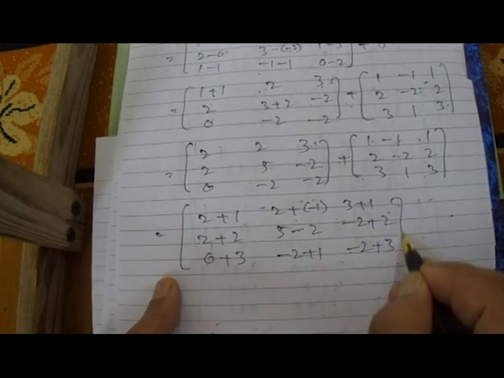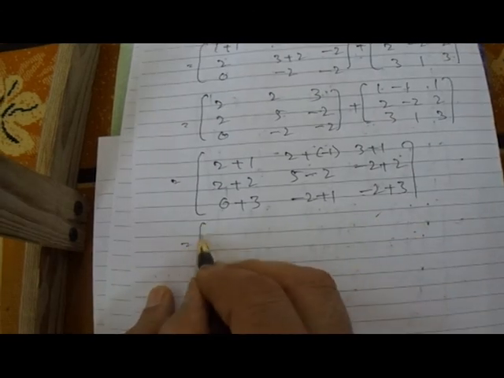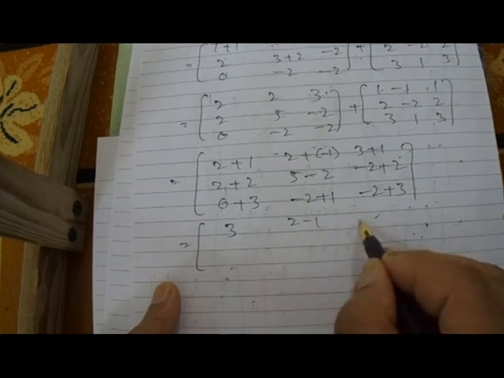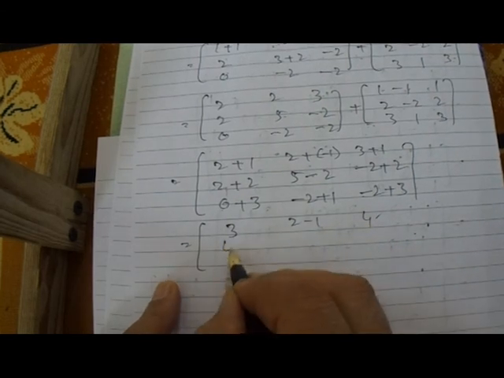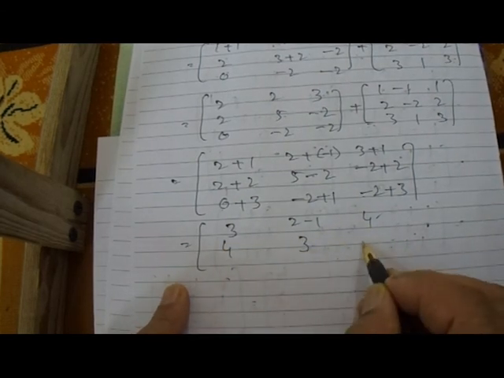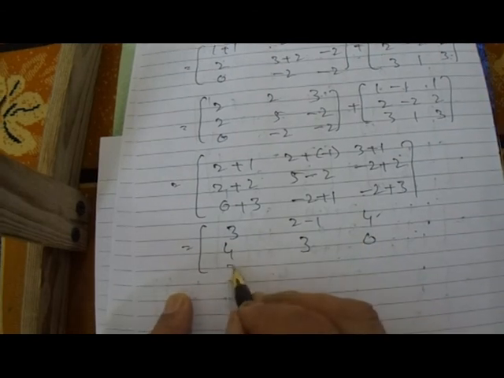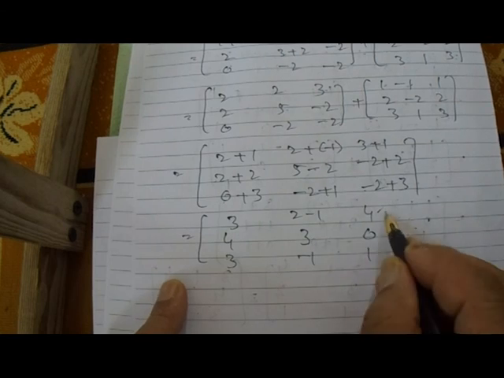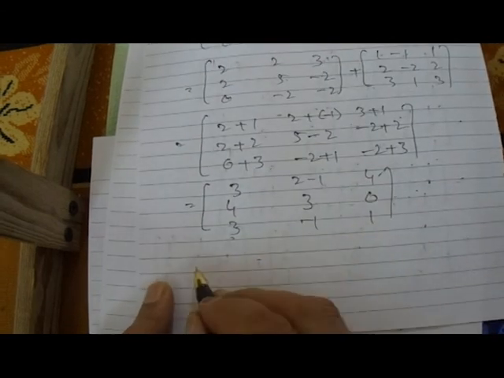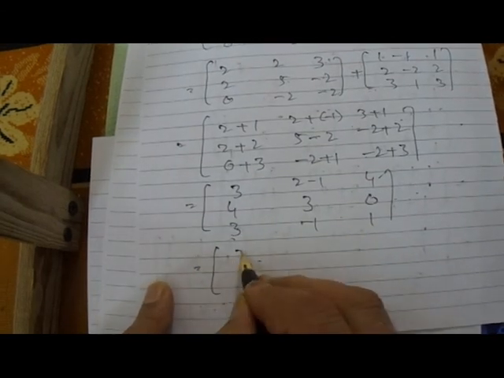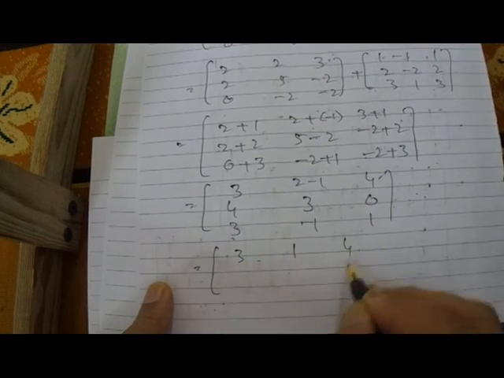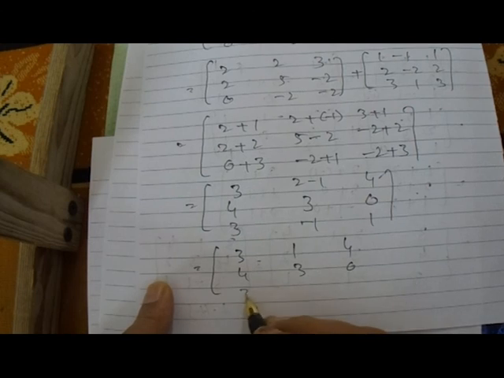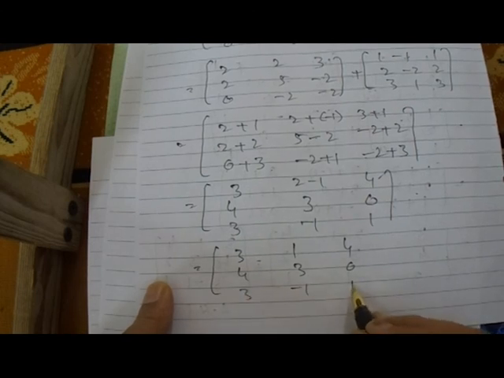We write again, is equal to 3 and 2 minus 1, 4 and 4, again 3 and 0 and 3 and minus 1 and 1 only. Now we again write this result: 3 1 4, 4 3 0 and 3 minus 1 and 1.